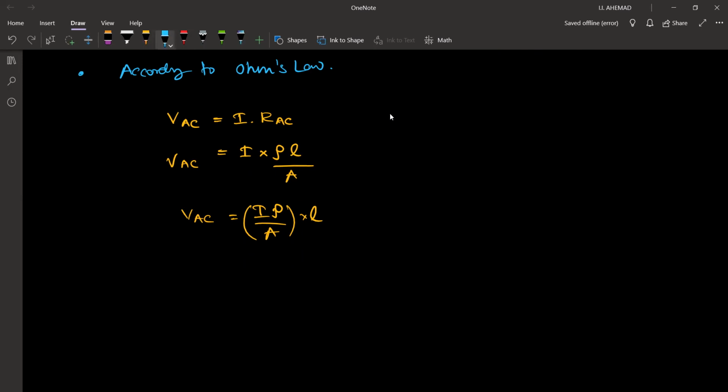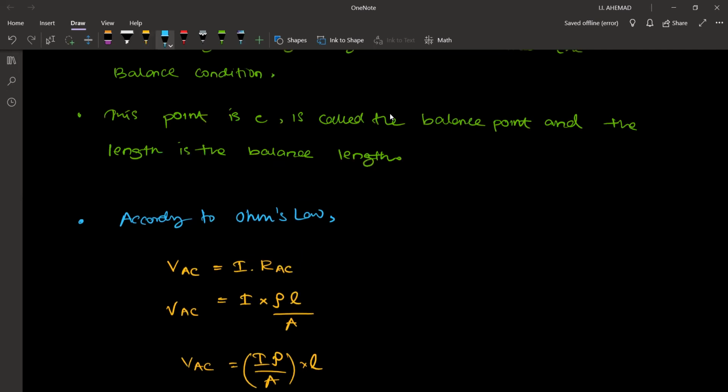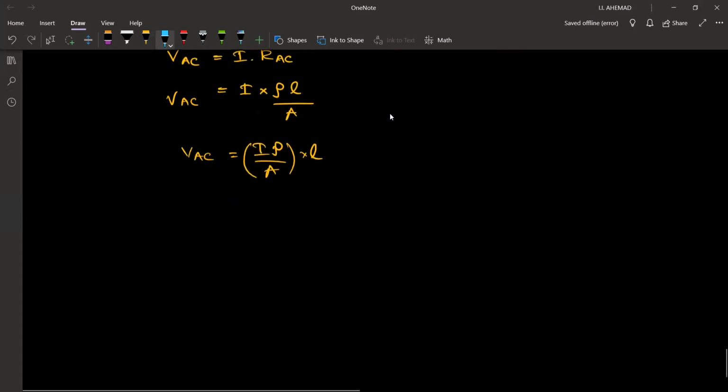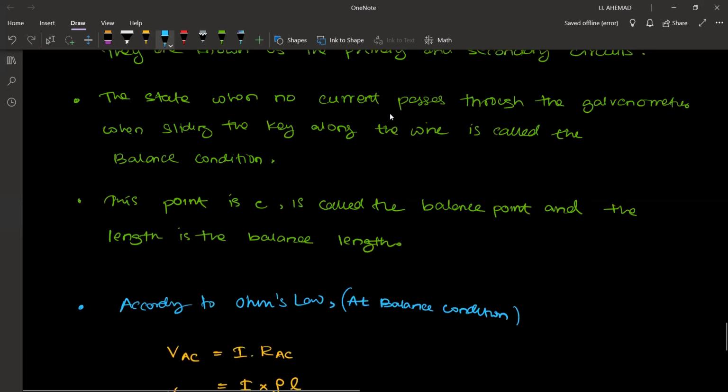But at balance, here also it is at balance, okay? At the balance condition, VAC is equal to E. Agree?